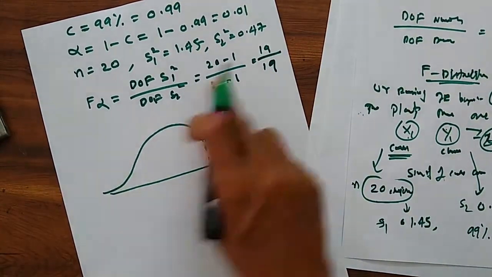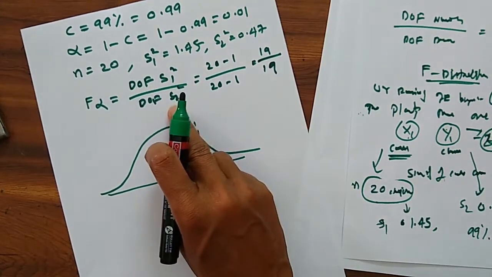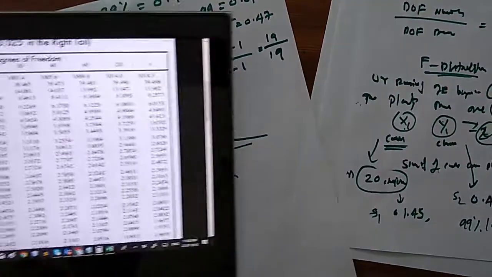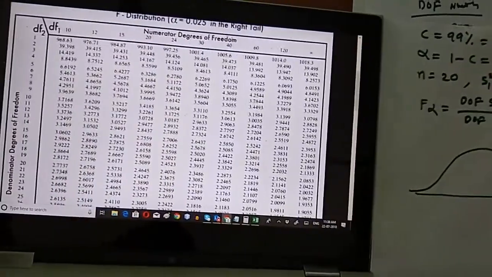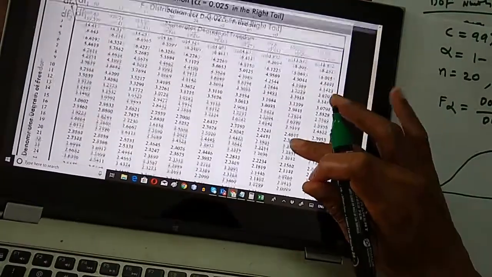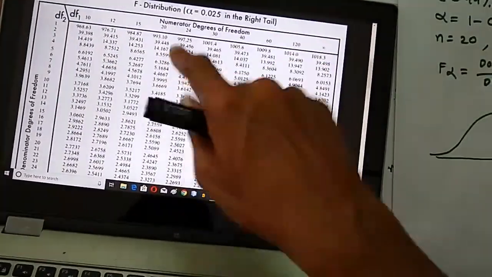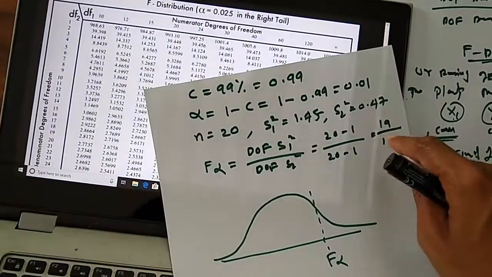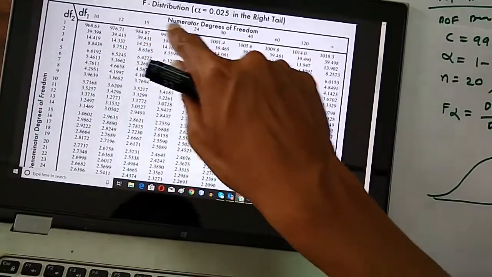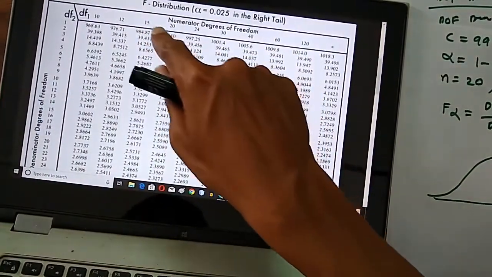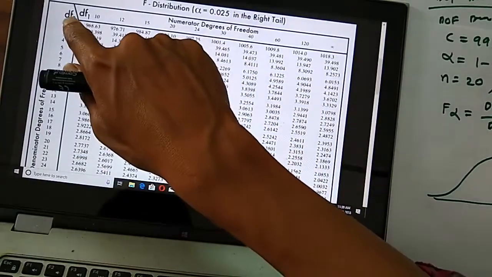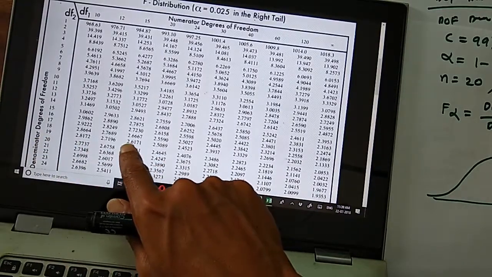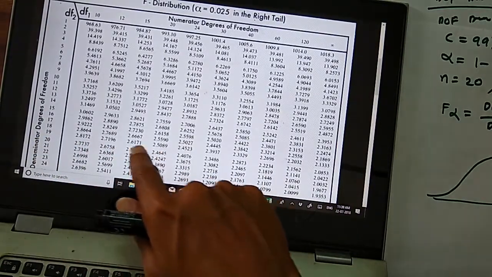Once you know the degrees of freedom, by seeing the F distribution table in statistics, we can find it by looking at the numerator degree. In our case, our numerator degree is 19, so it lies between 15 and 20, and the same way for the denominator, ours is 19, so our value lies in between, right?